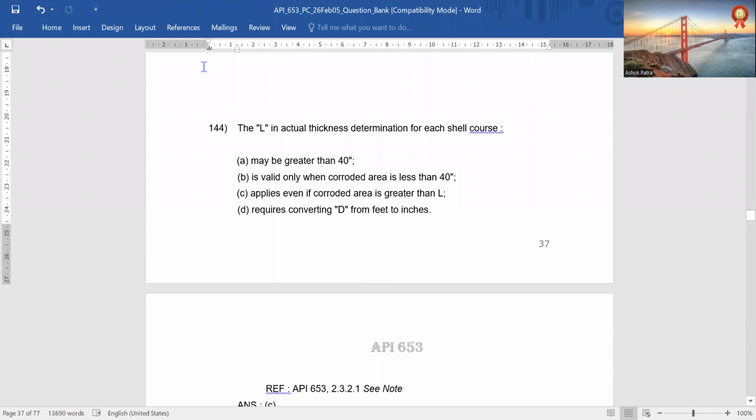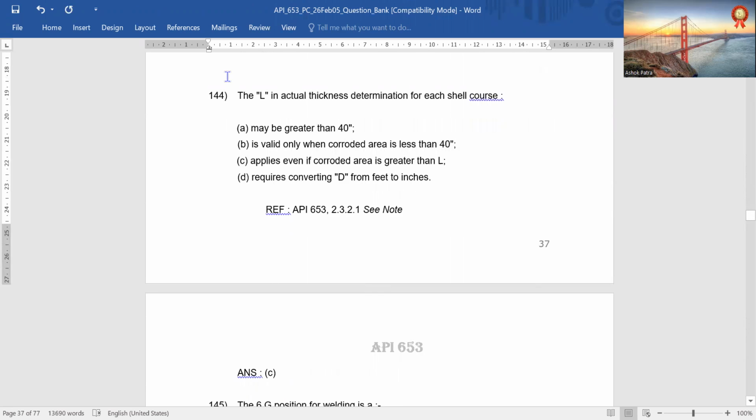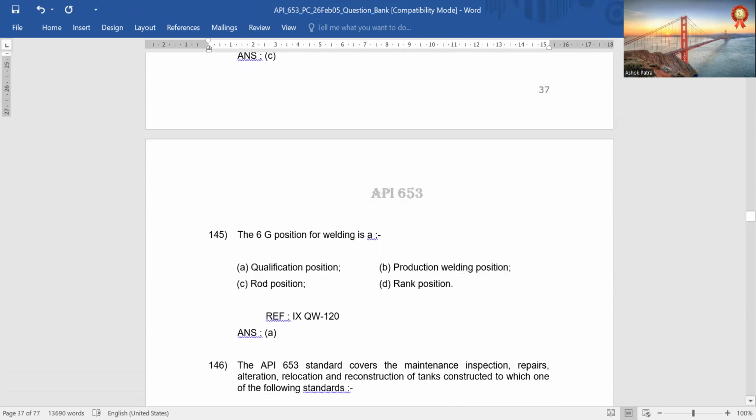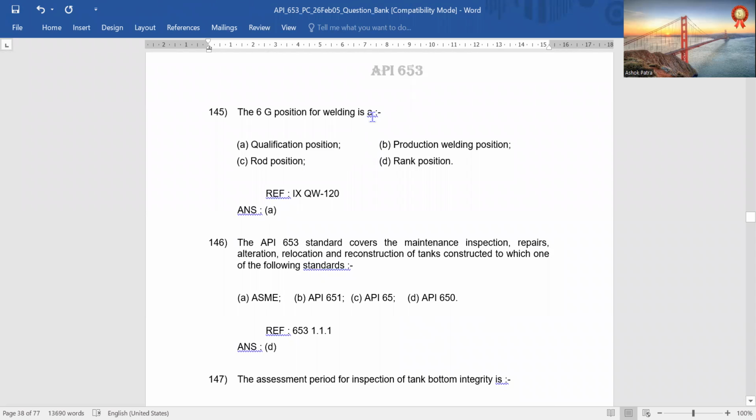The L in the actual thickness determination for each shell course applies even if the corroded area is greater than L. The 6G position for welding is a qualification position.